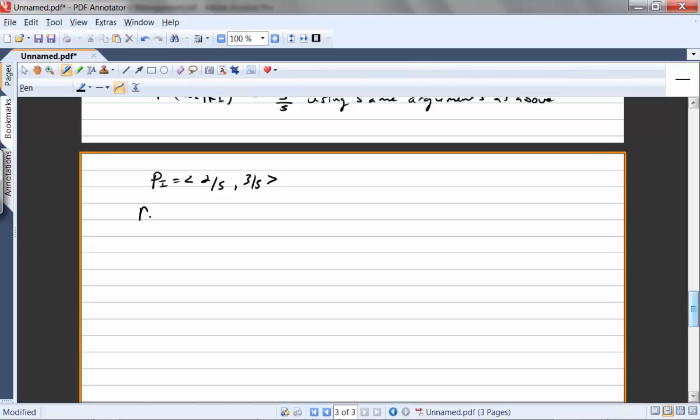Now we need a message. Let's suppose the message is that red, well, let's just keep our notation, R1 is the message: a red ball was drawn on the first draw. Now, what probabilities do we attach to the states?